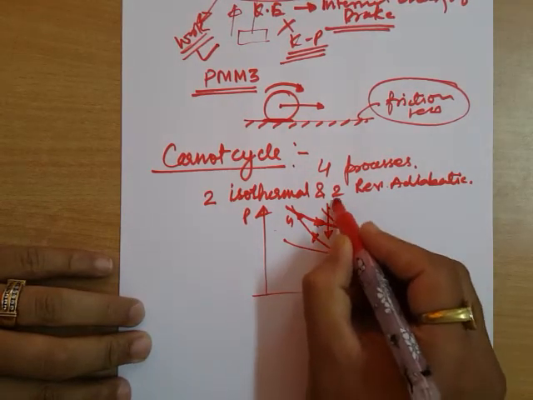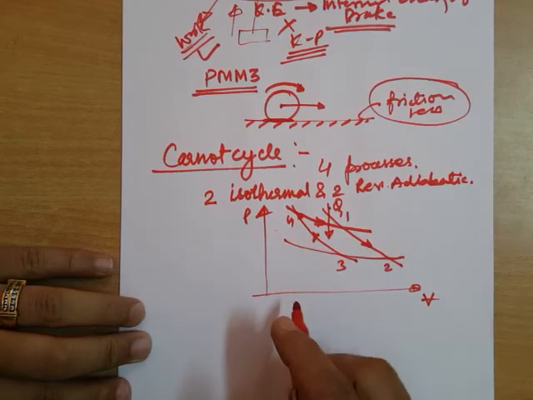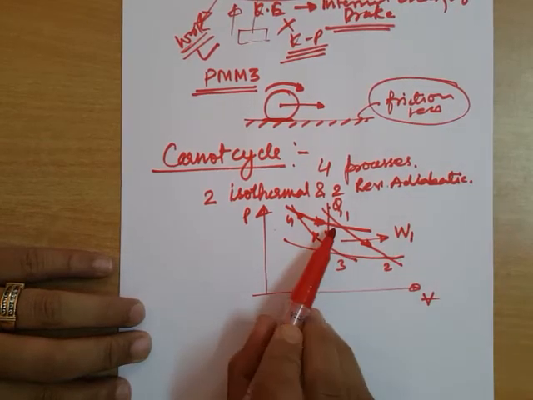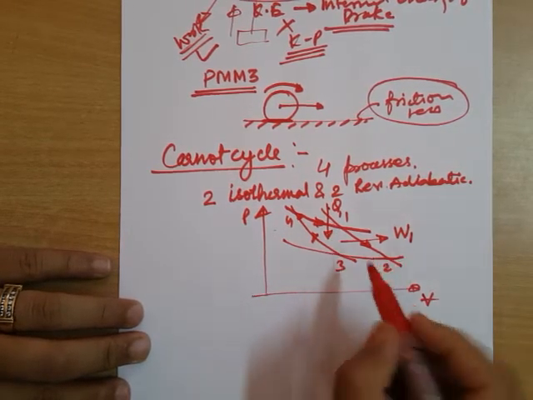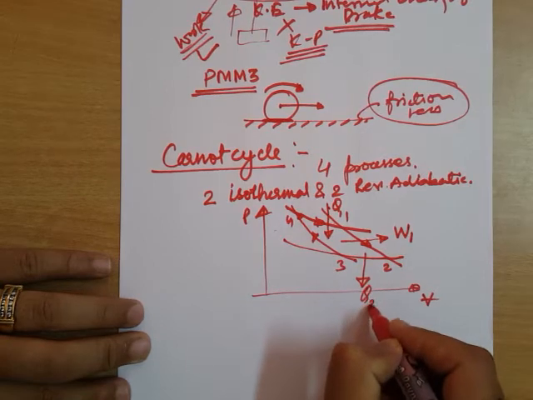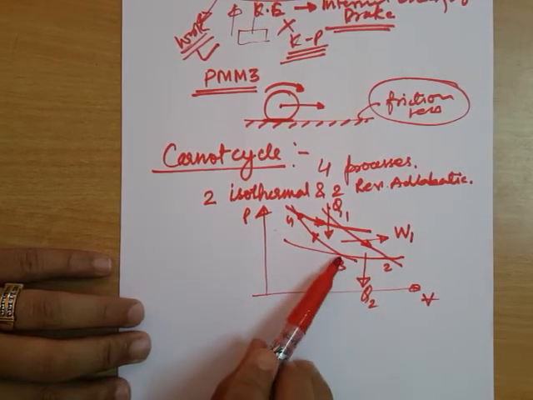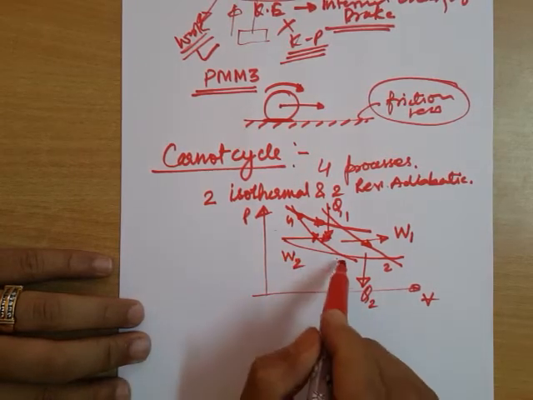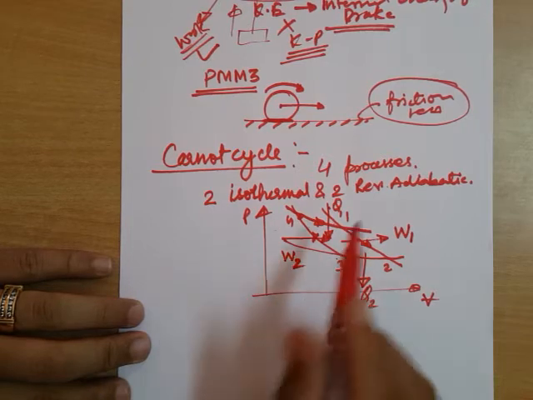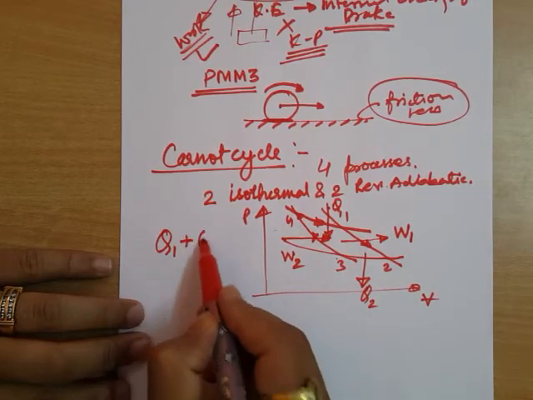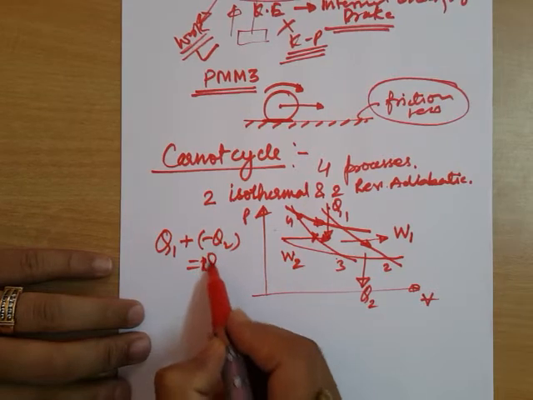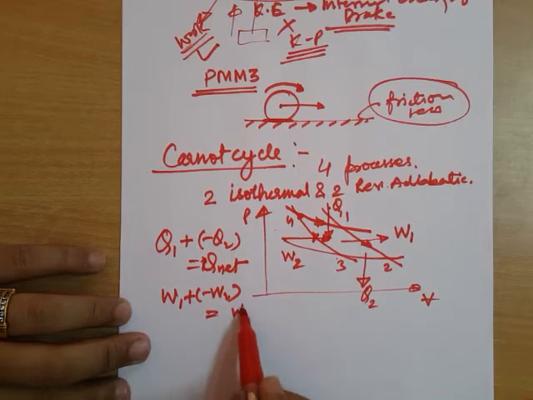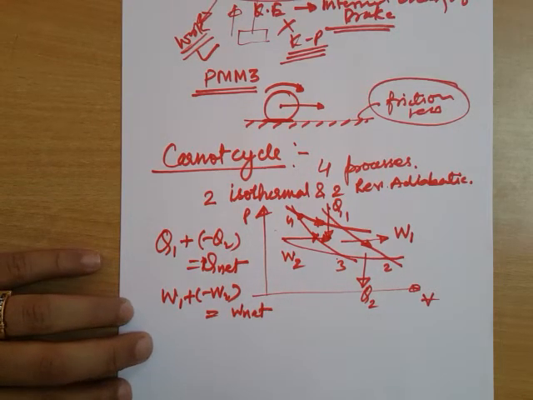How? Q1 is transferred to this cycle in isothermal process. This cycle performs work in reversible adiabatic expansion. There is a heat loss in isothermal process, and then there is again a work transfer to the cycle in this reversible adiabatic compression. So you have Q1 minus Q2 as the net heat transfer to the cycle, and W1 minus W2 as the net work transfer from the cycle.